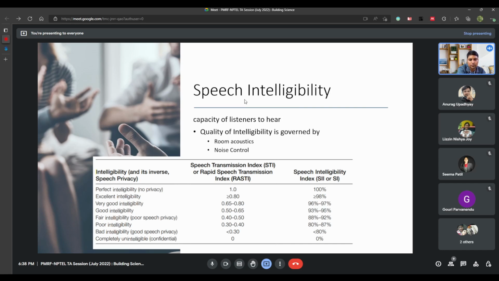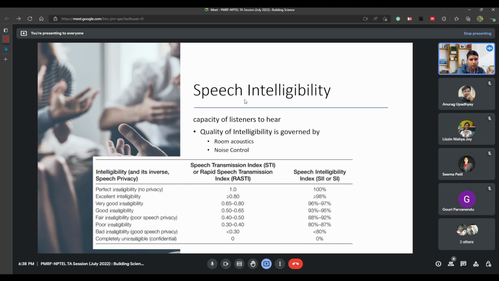Mostly what works here is the speech transmission index and also the speech intelligibility index, and these indexes vary from 0 to 1 or 0 to 100, and 1 or 100 is a perfect intelligibility where you can crisply hear it. All these indexes are from the perspective of the listener, not the source.